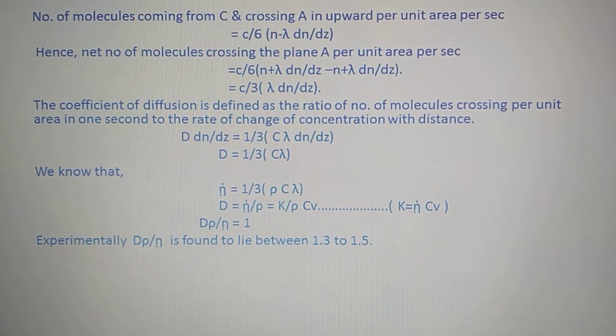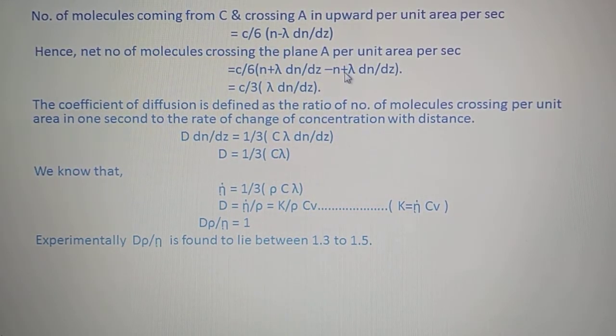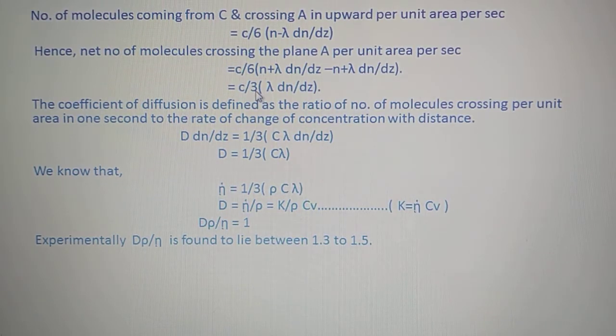So 1/6 of the RMS velocity into N plus lambda into dN by dZ minus N minus lambda into dN by dZ. The minus and minus become plus. If we simplify this, we get the net number of molecules crossing plane A per unit area per unit time equal to 1/3 of C into lambda dN by dZ.